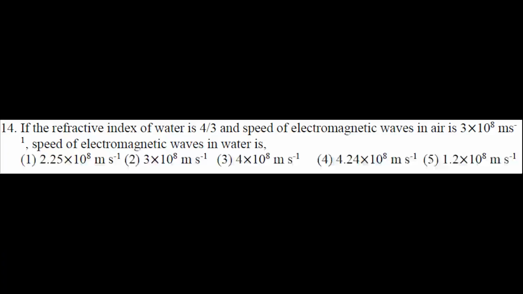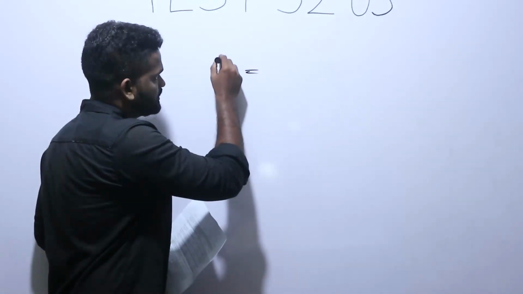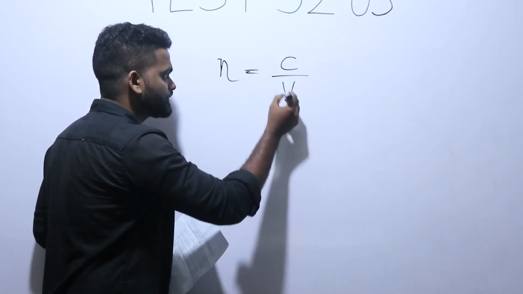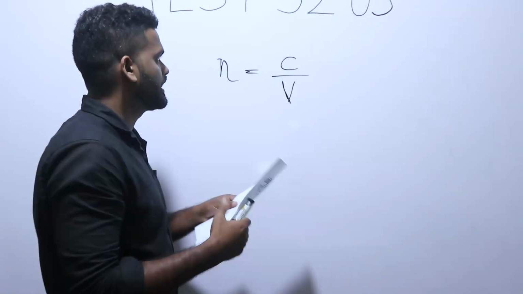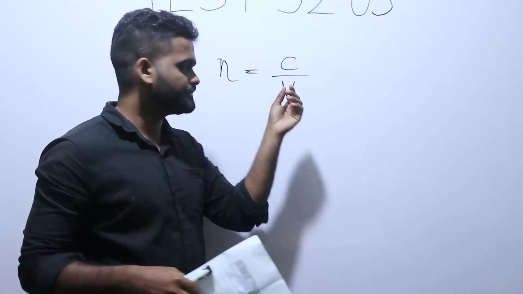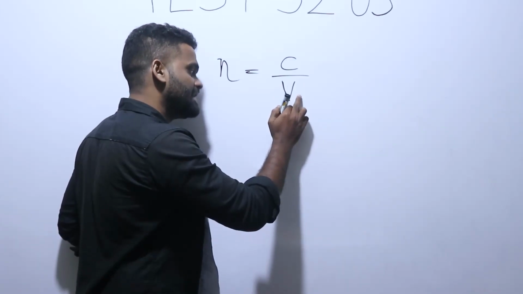14th question. If the refractive index of water is 4/3, and the speed of electromagnetic waves in air is 3 times 10 to the power 8 meters per second, the speed of electromagnetic waves in water is? So this is the absolute refractive index, which is equal to C divided by V. C is the speed of light in a vacuum or in air, divided by V, the velocity in the medium.